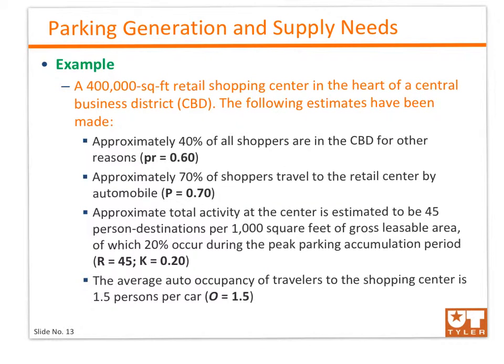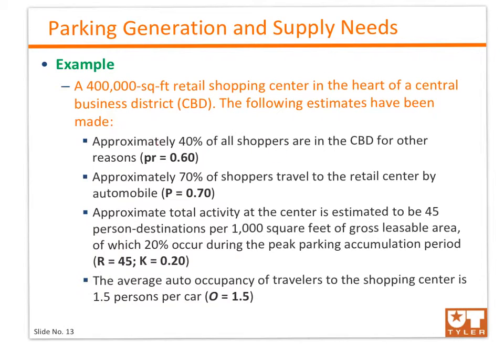So let's have an example here to see how we can obtain this number. Let's say we have a 400,000 square feet retail shopping center in the heart of a central business district, which we could typically call CBD. The following estimates have been made. Those have to be already made before you are asked to generate the number of parking spots during the peak hour or the peak demand.